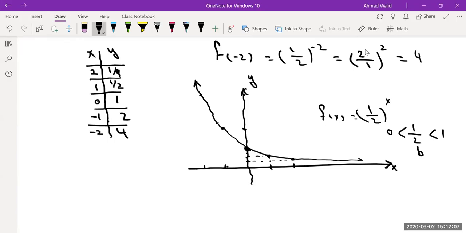When b is greater than 0, less than 1, your function is actually decreasing. You see, the function is decreasing. If you remember from algebra, we call these exponential functions that are decreasing exponential decay, correct? That's the graph of exponential decay.